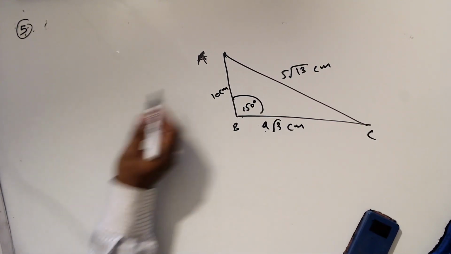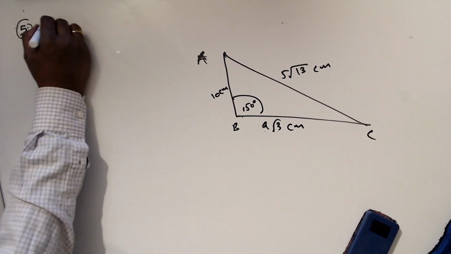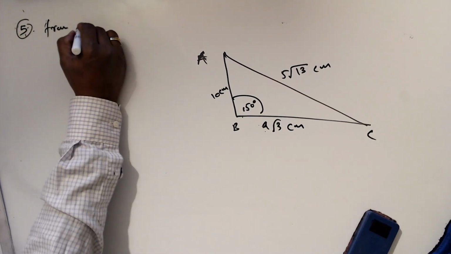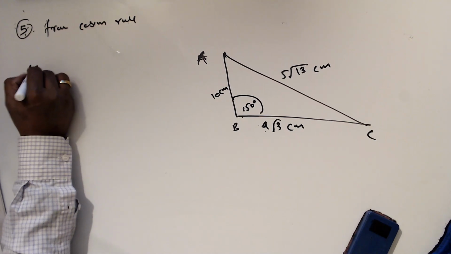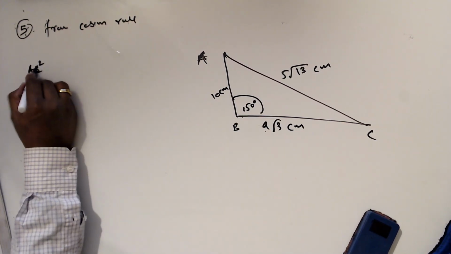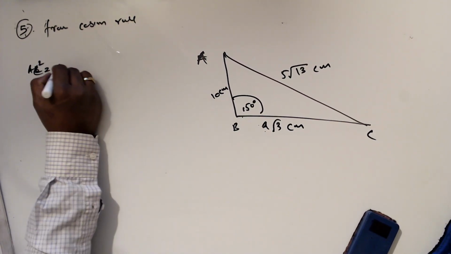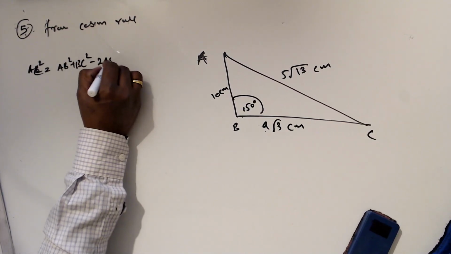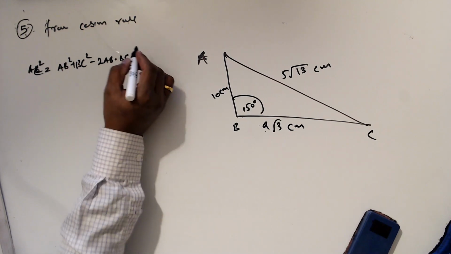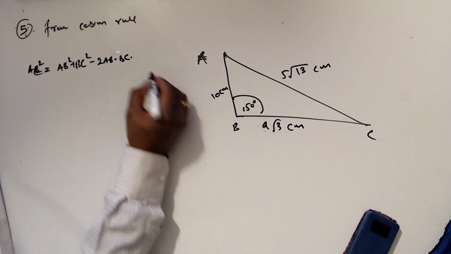From cosine rule, AC square equal AB square plus BC square minus 2AB dot BC cos B.